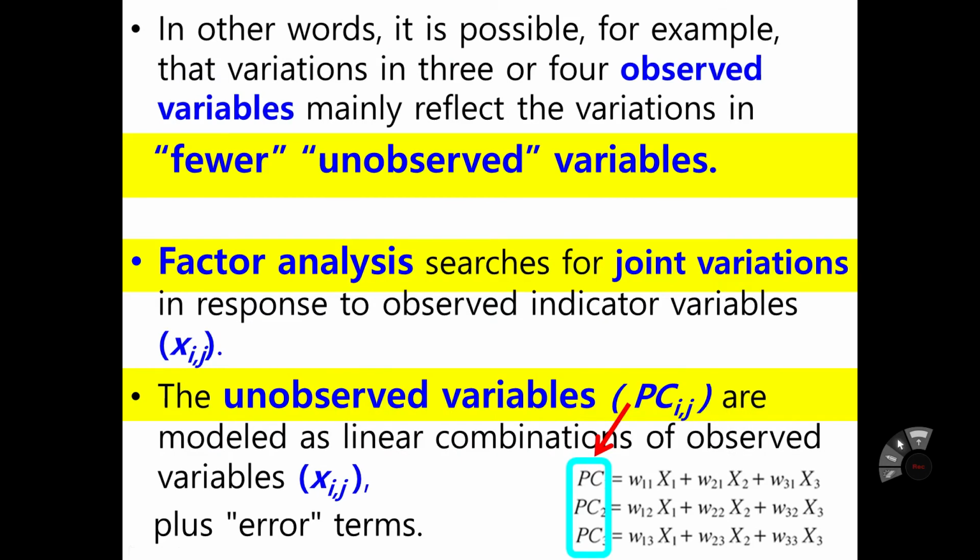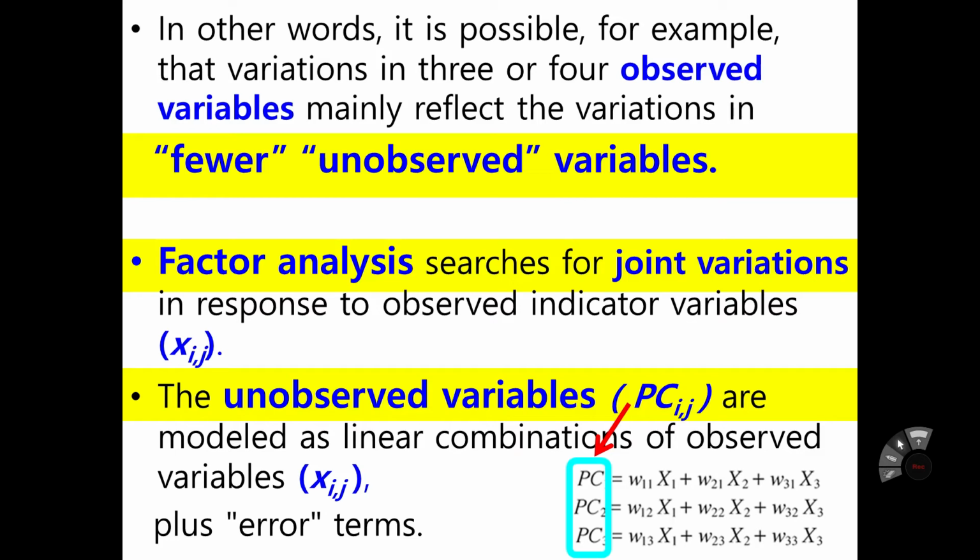In other words, it is possible, for example, that variations in 3 or 4 observed variables mainly reflect the variations in fewer unobserved variables. So, factor analysis searches for joint variations in response to observed indicator variables.